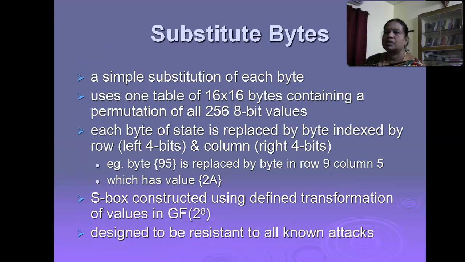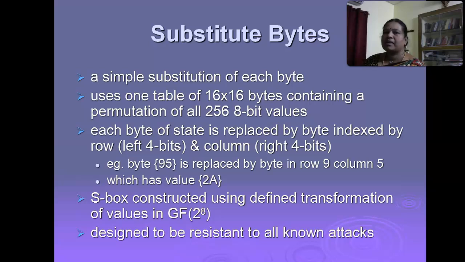The first one is substitution bytes. How are we going to perform this phase? It is a simple substitution of each byte. It uses one table of 16 by 16 bytes containing a permutation of all 256 8-bit values. Each byte of state is replaced by the byte indexed by row, the left 4 bits, and column, the right 4 bits.